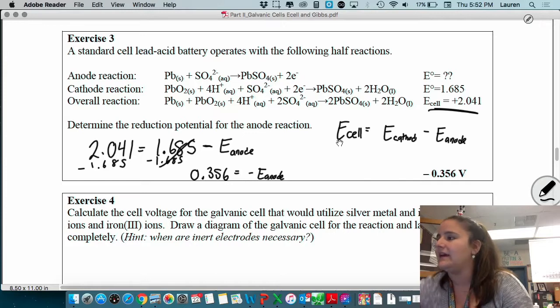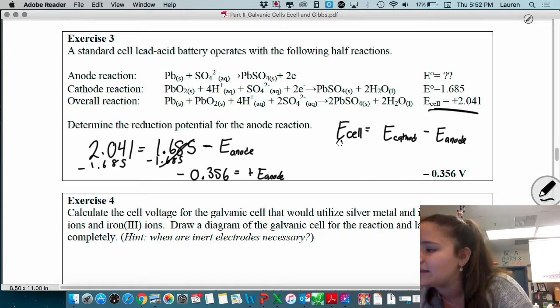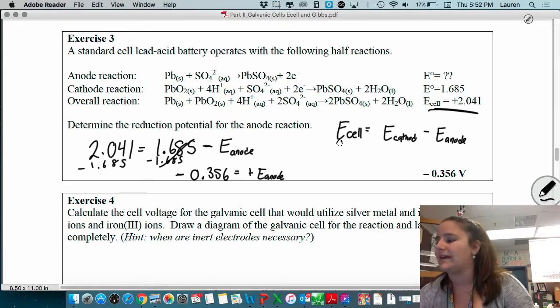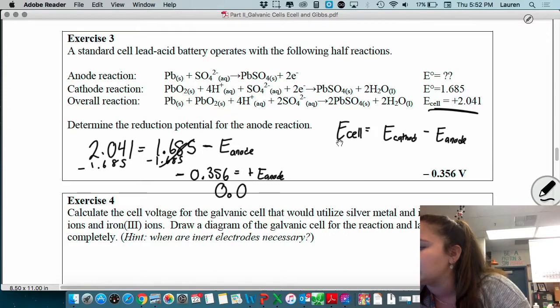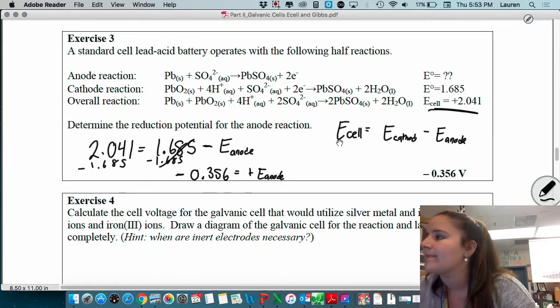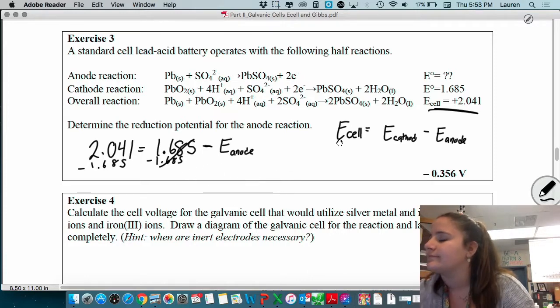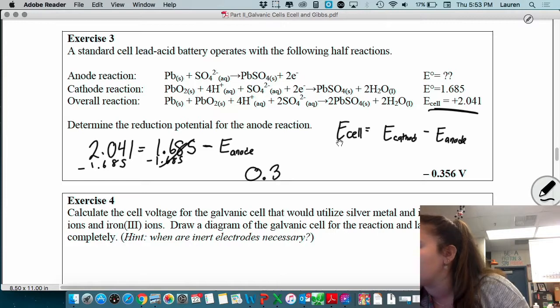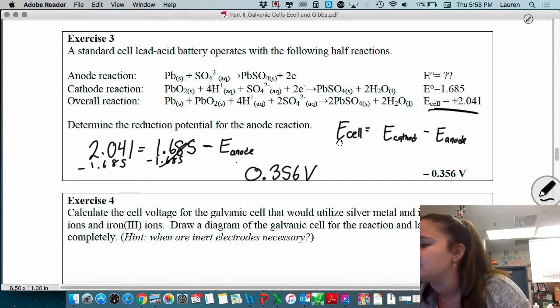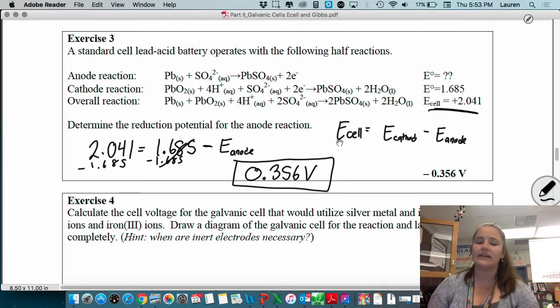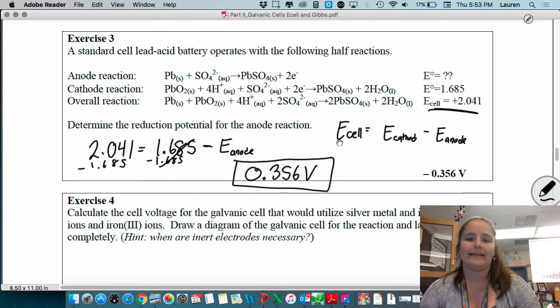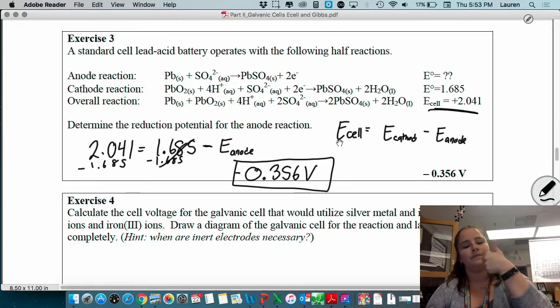So E anode, change that to a positive, make that one a negative, and we get negative 0.356 volts. The standard reduction potential for lead. That makes sense. Okay, cool. Oh, negative. Sorry. Cool.